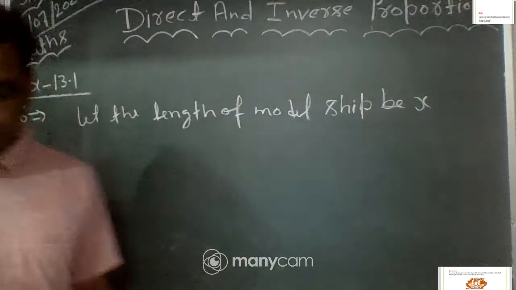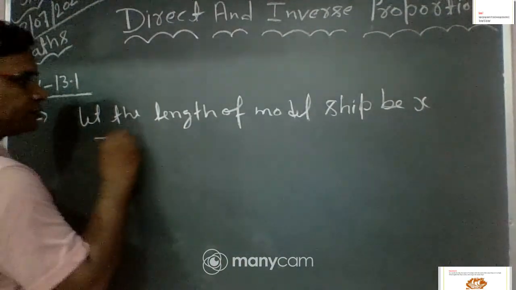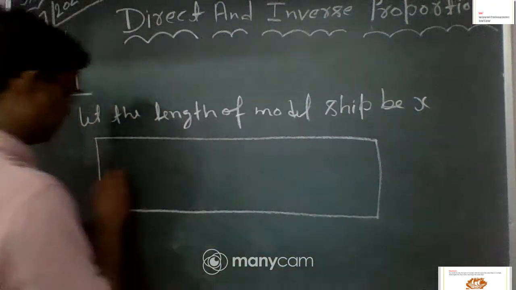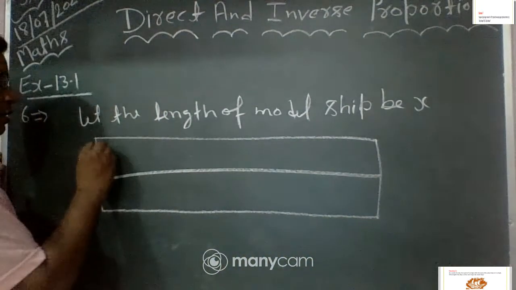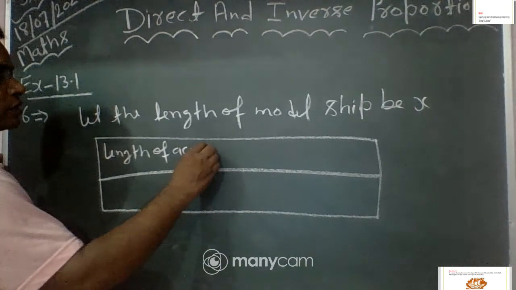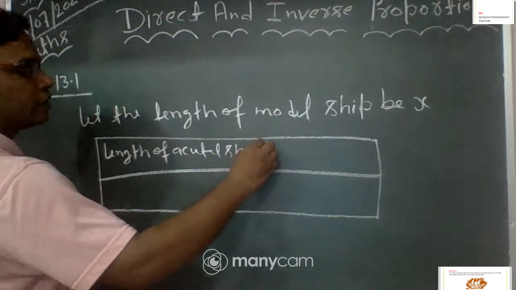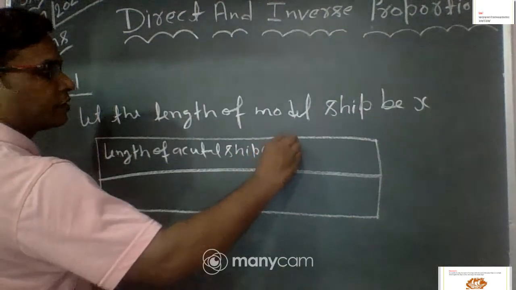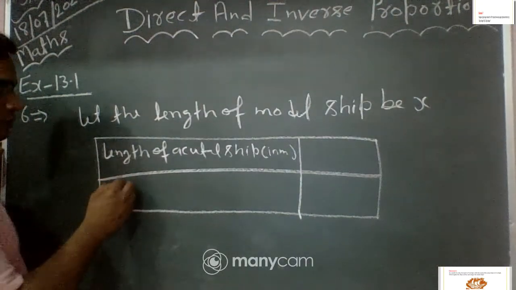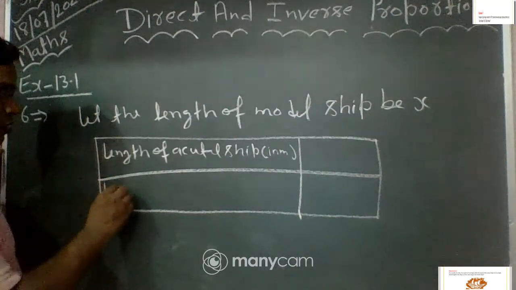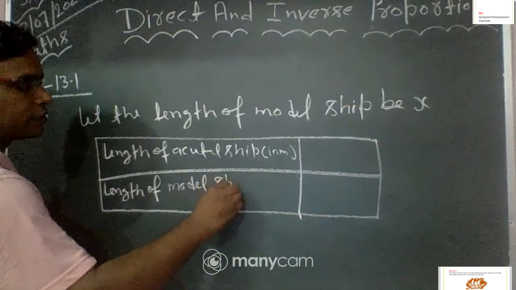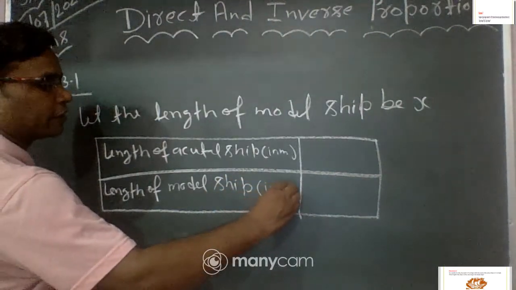First, you make a table like this: length of actual ship in meter, and length of model ship in centimeter. Clear?